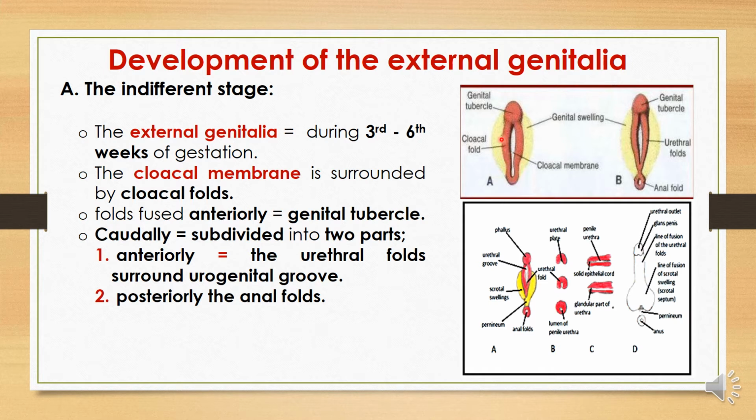The cloacal membrane is surrounded by a bilateral mesodermal cloacal fold. These folds fused anteriorly, forming the genital tubercle.